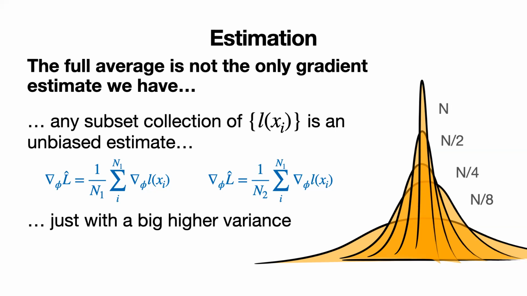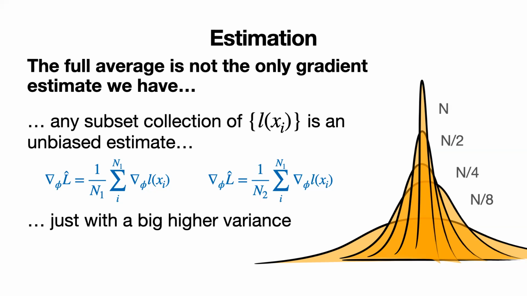And so now you start questioning, okay, what is the effect of using fewer samples to estimate the gradient? It will basically increase the variance. With the full data set, you use all the information that you ever had to estimate the gradient, so it's going to be a small variance. If you use half of the data, it's going to be higher variance. If you use a quarter of the data, it's going to be even higher variance.